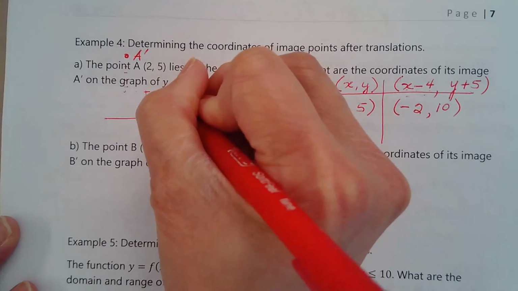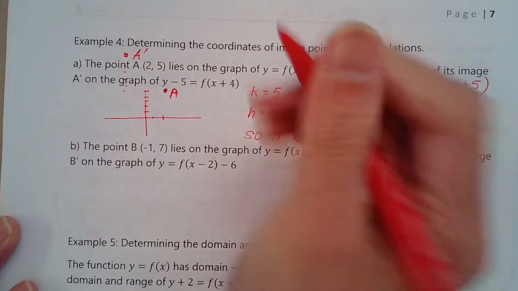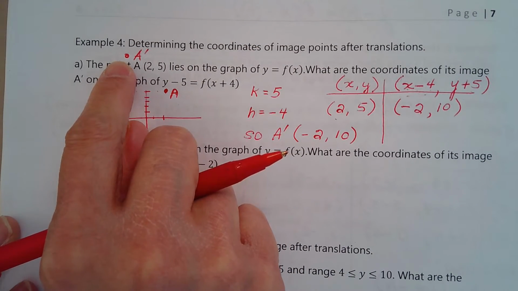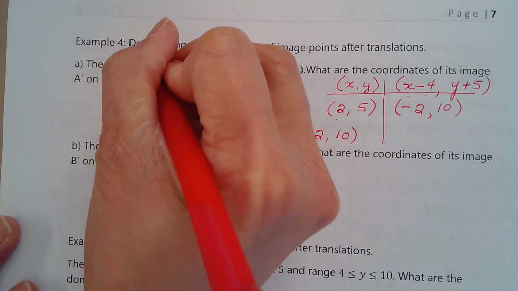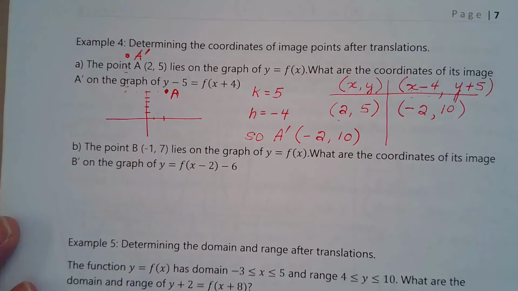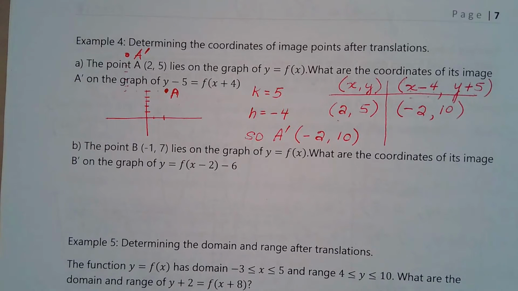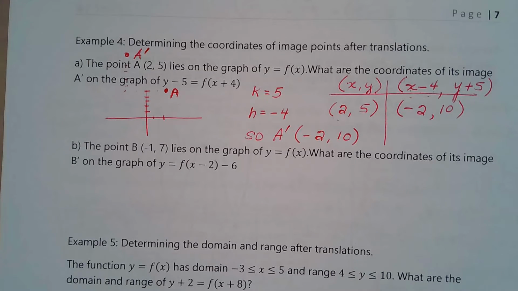Yeah, so they just don't want to call it A and B. It's the same point, it's just got translated, so that's A prime. Yeah, you would call it A, and then the little mark there is called prime. Can you have more than one prime, like A1, A2, A3? A prime too, but that's a different translation.